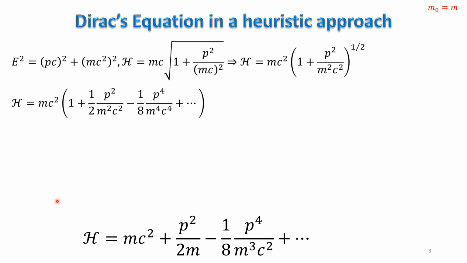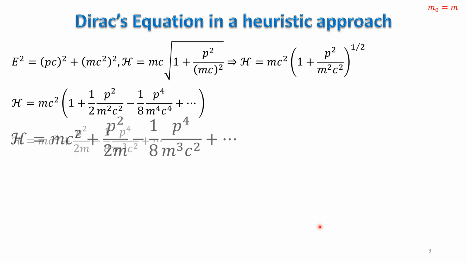So expanding this bracket, we have a rest term, the rest mass energy. Then we have p squared by 2m. This resembles kinetic energy. So the original Hamiltonian you can call, and these terms are relativistic corrections.